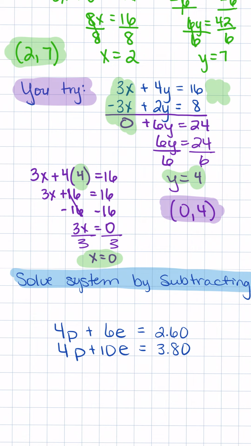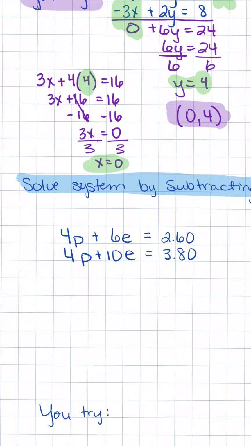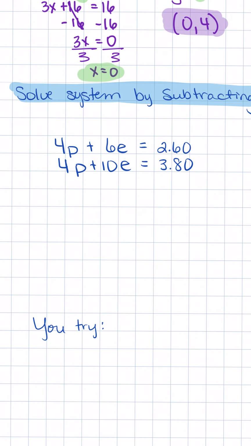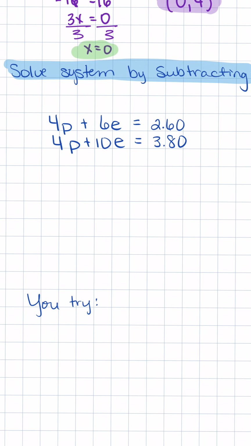Okay, so now let's look at solving a system by subtracting. If we see that the coefficients have the same value, then we can realize that we can subtract them. So if we subtract these, 4p minus 4p is going to equal 0.